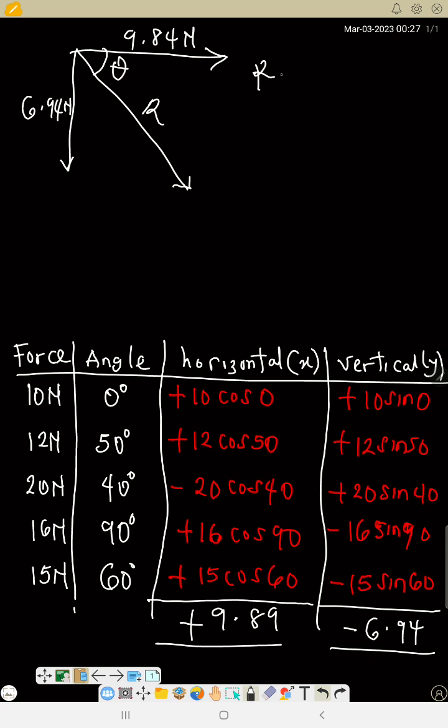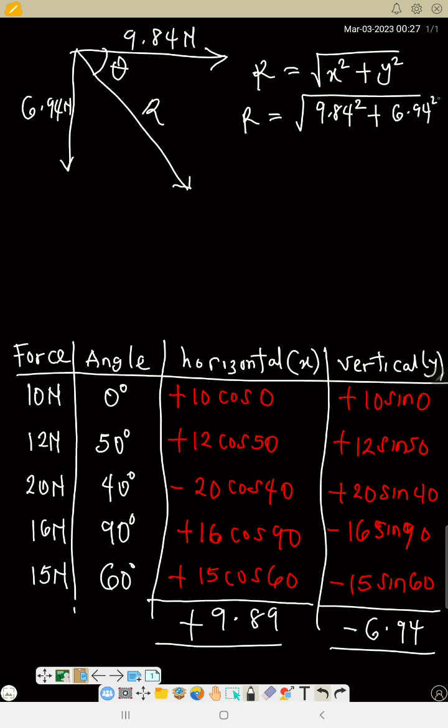Now the resultant R is equal to the square root of x squared plus y squared. So R equals the square root of 9.84 squared plus 6.94 squared.